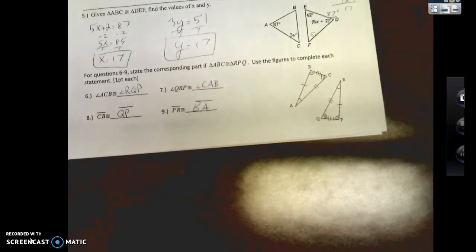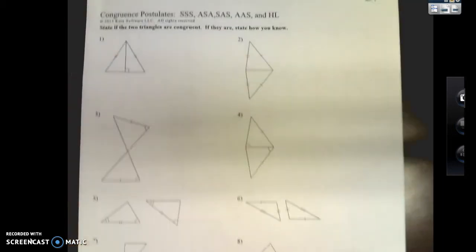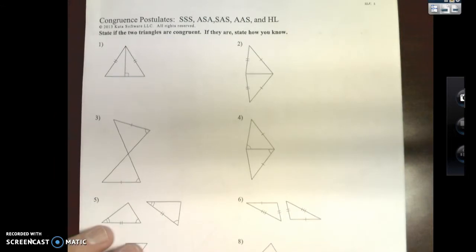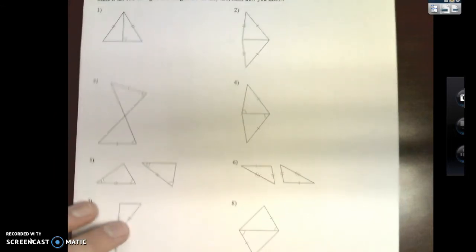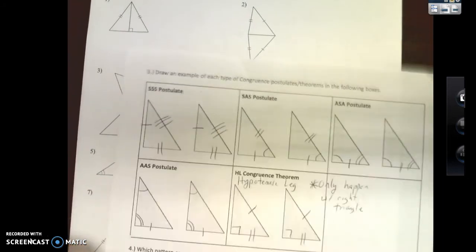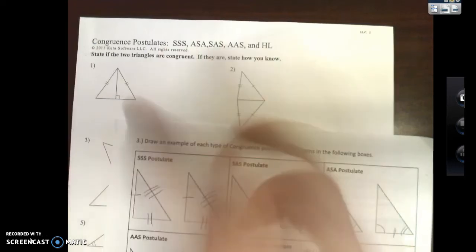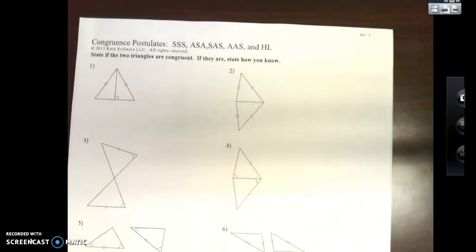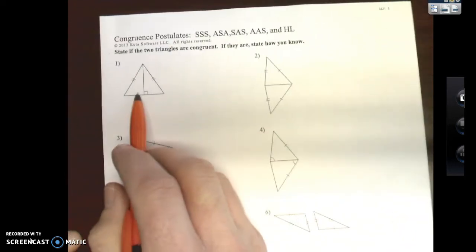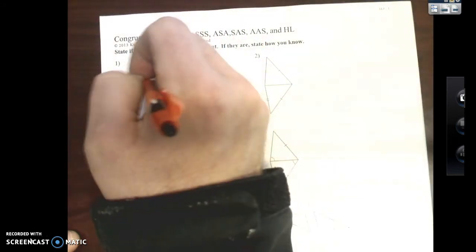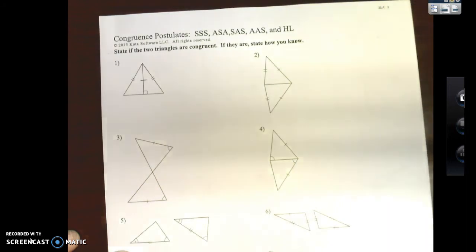For the last part of this test, you are going to get 6 questions on all of these. Please look through this, ask any questions if you need to, and I'll happily help you during class, but make sure you're aware of the difference between side, side, side, and so on. Make sure you know these 2 things. If a triangle is back to back, that means this side is going to be congruent.